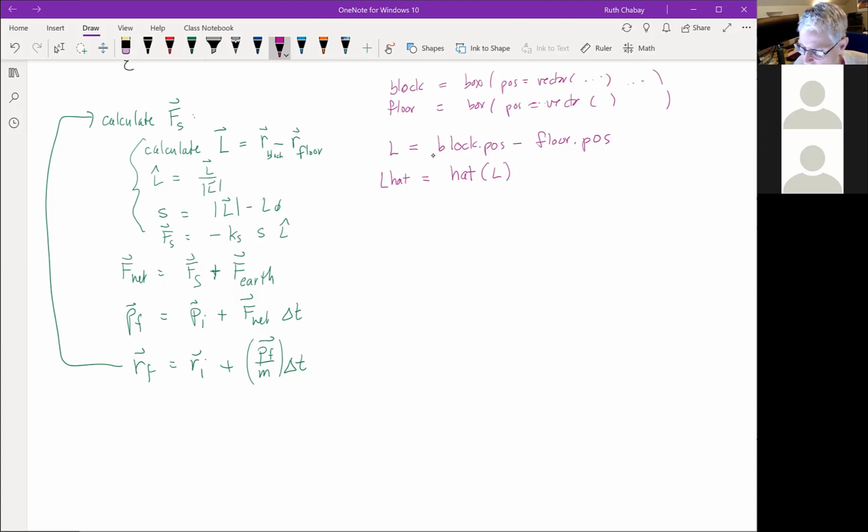And we could calculate the stretch as the magnitude of L minus the relaxed length, which we must have defined somewhere up there. And so the spring force would be minus Ks, some value we've already defined, times the stretch times L hat.